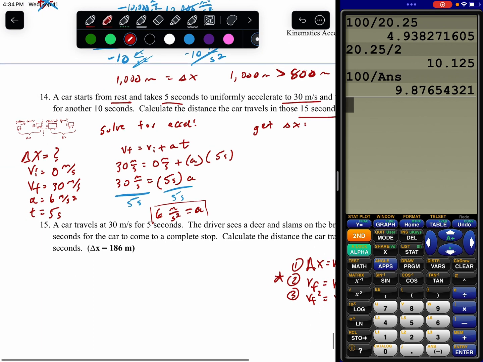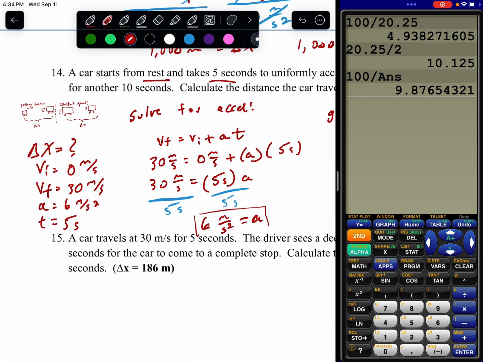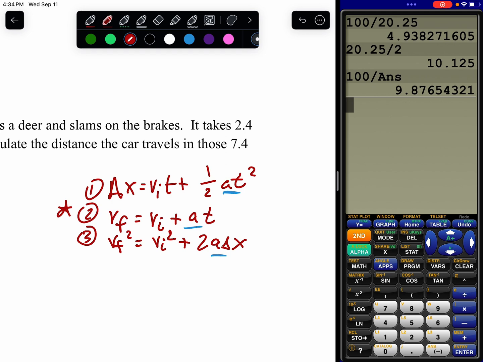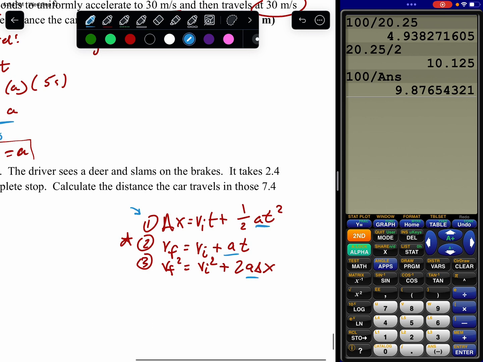I'm looking for an equation that has delta x in it, and let's try to make our life as easy as possible. I see, since our initial velocity is 0, this equation right here, this first one, is really nice and easy. Since our v initial is 0, that term is just going to be 0. And so let's start there.